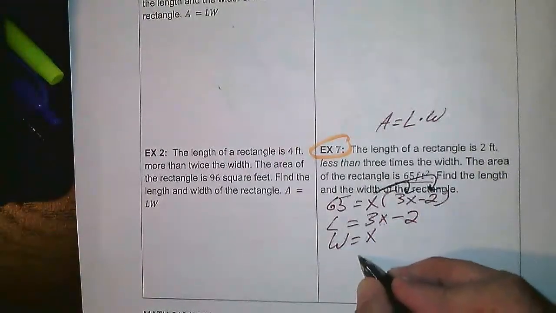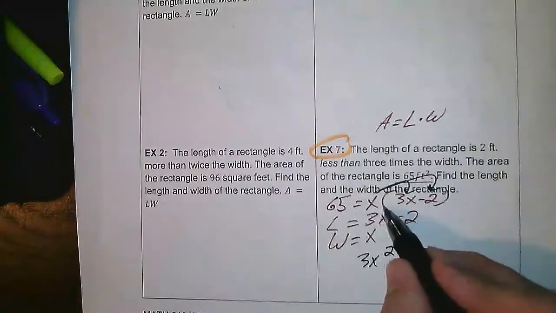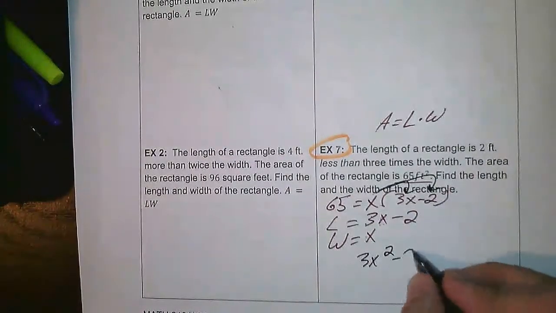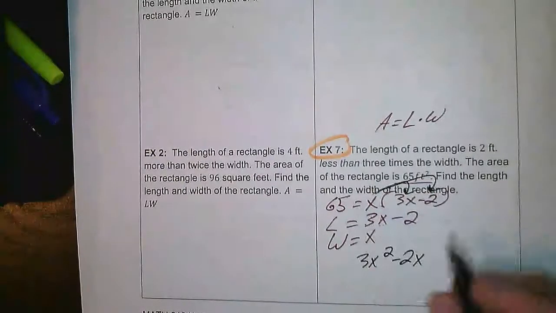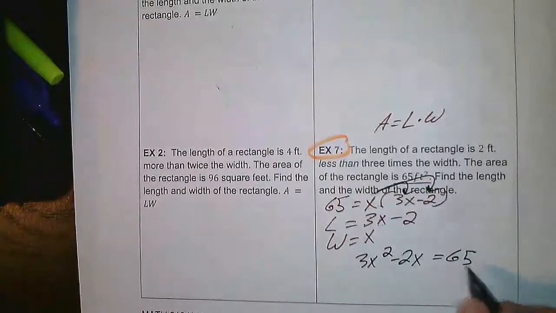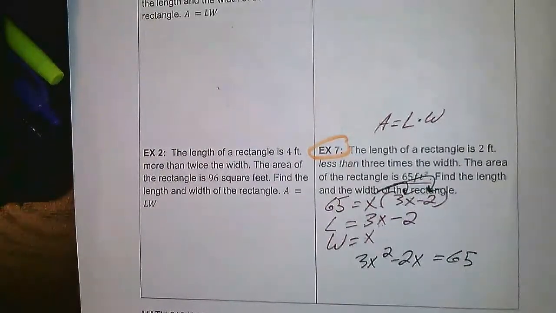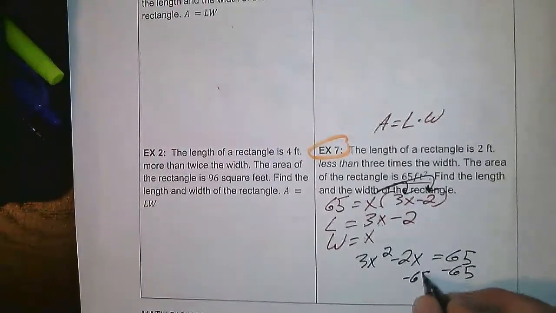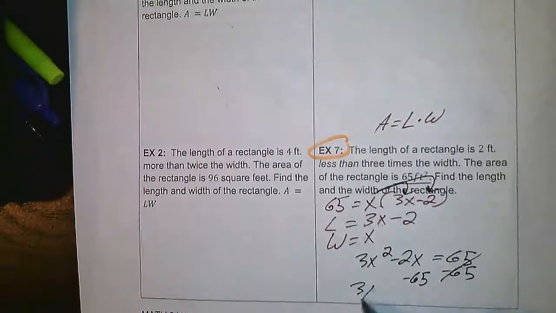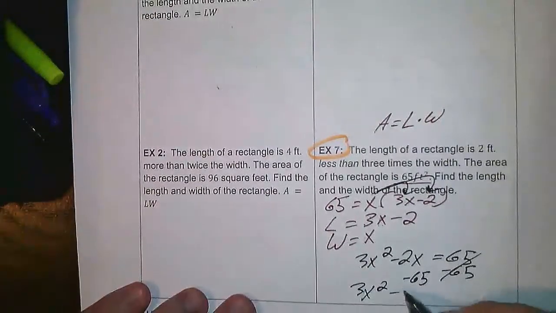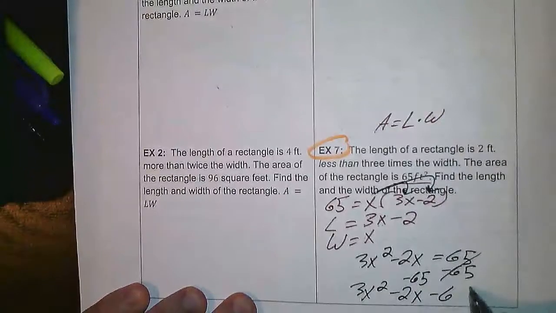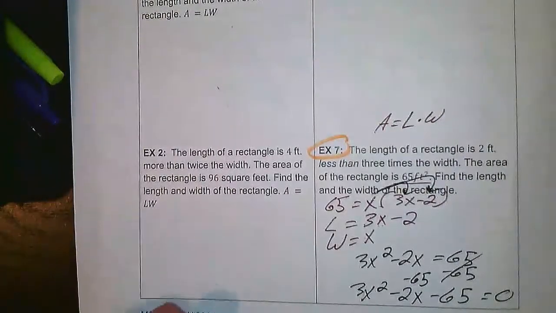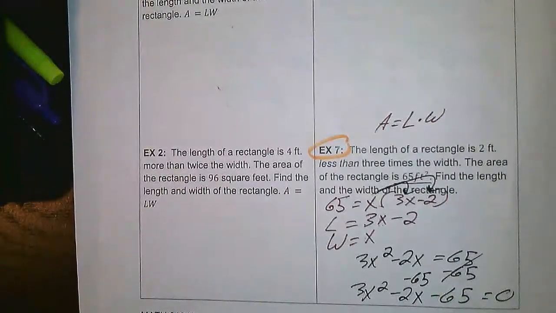So x times 3x is 3x squared. X times negative 2 is negative 2x. Right now, we are set equal to 65. But in order to solve a quadratic, we must be set equal to 0. So 3x squared minus 2x minus 65 equals 0.